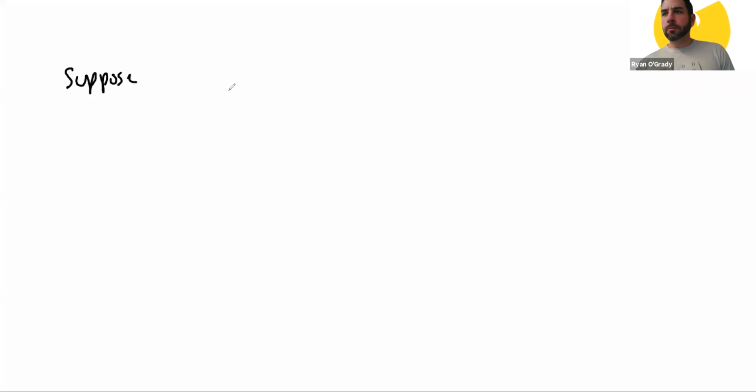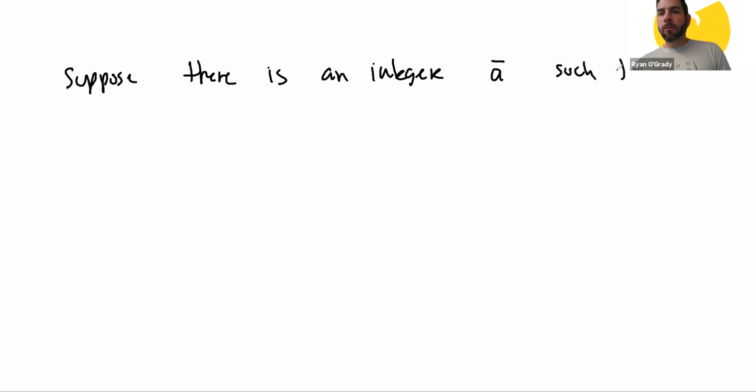Suppose there is an integer, I'll denote it with a bar above it. There is an integer A with a bar above it, or A bar, such that A bar times A is congruent to 1 mod m.